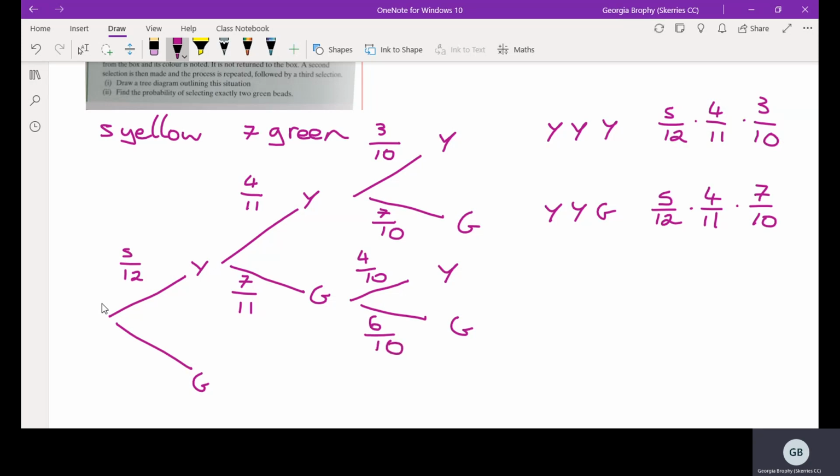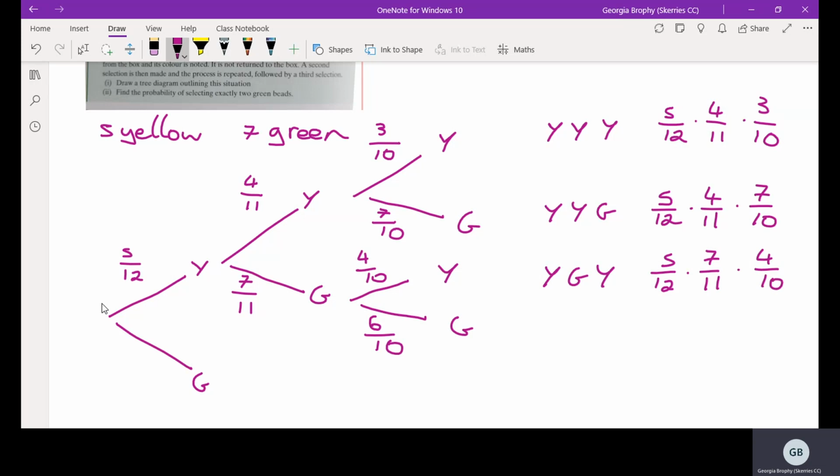So let's put in our 2 outcomes here. First of all, we have yellow, green, yellow, and our probability is 5 over 12 times 7 over 11 times 4 over 10.